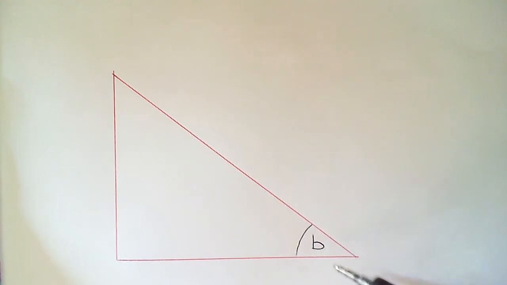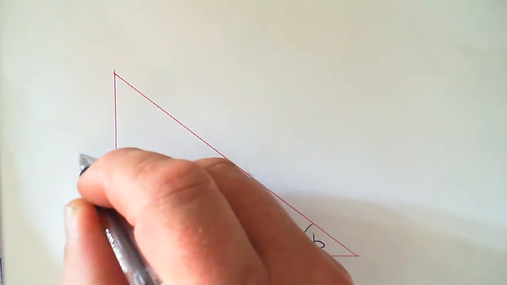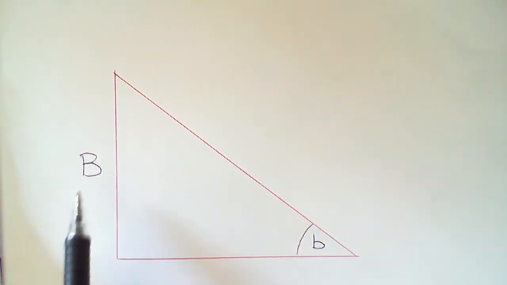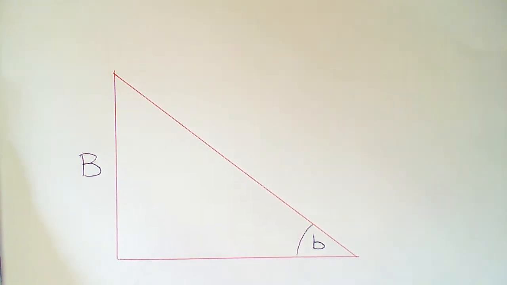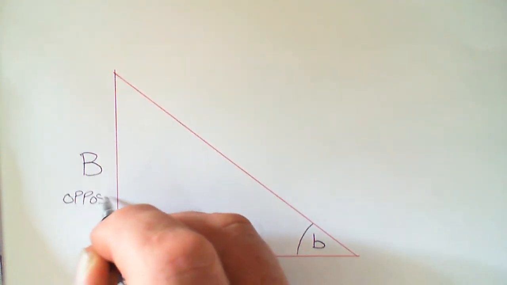It is opposite B. We call that a capital B, and it is opposite the small b. So B and that line from there to there is the opposite.